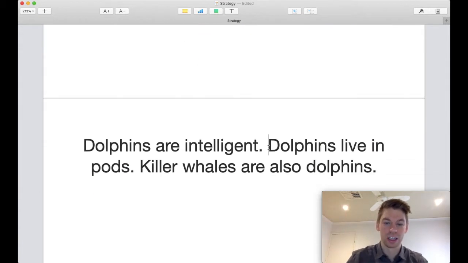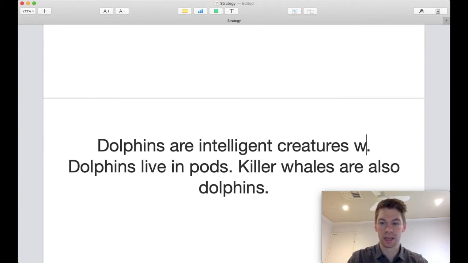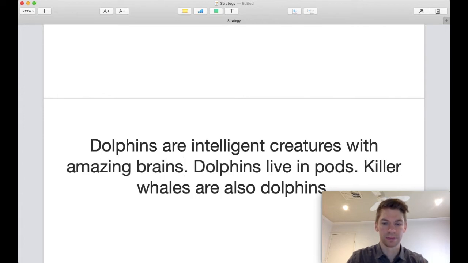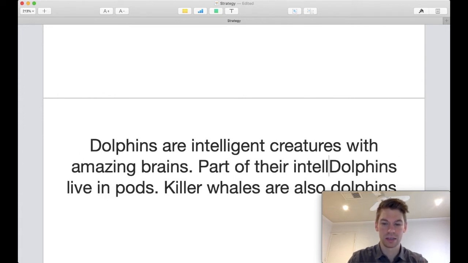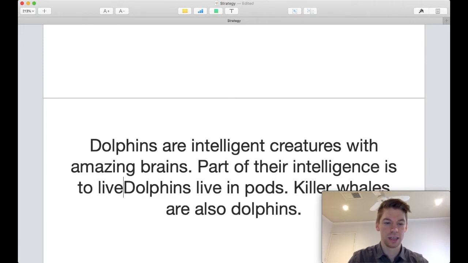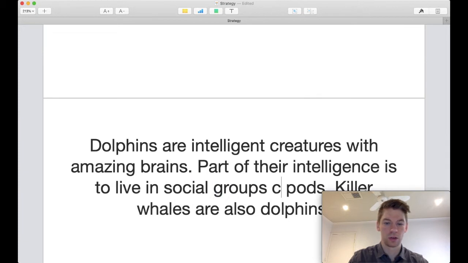Dolphins are intelligent creatures. You'd want to elaborate a little bit, spin it out. With amazing brains, something like that. Part of their intelligence is to live in social groups called pods.